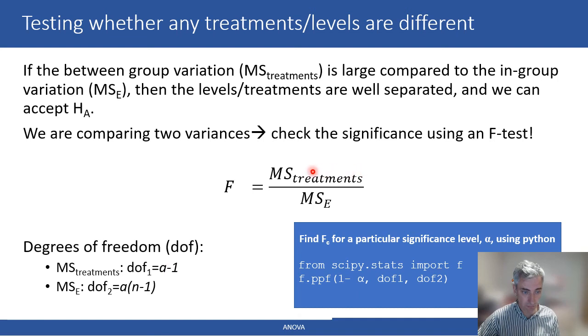Because this is the group variance. And then on the denominator, it's the mean sum of square errors. The number of degrees of freedom is n minus 1, because this is the number of samples in each group, multiplied by the number of groups. That will give us the degrees of freedom for the sum of square errors.